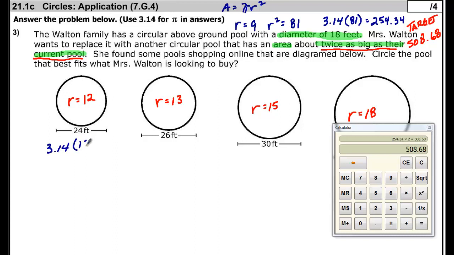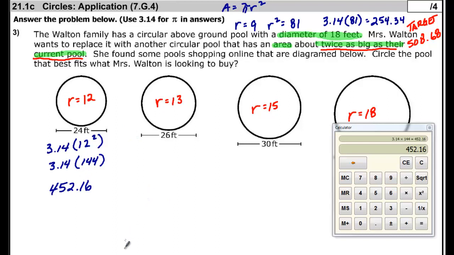So the first one with a radius of 12, we're going to have 3.14 times 12 squared, which is 3.14 times 144. That is going to give us 452.16. All right, so our target is 508, 452, not bad. Below it, thinking this 13 will get us closer to it.